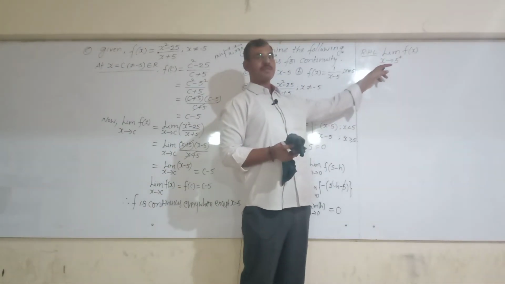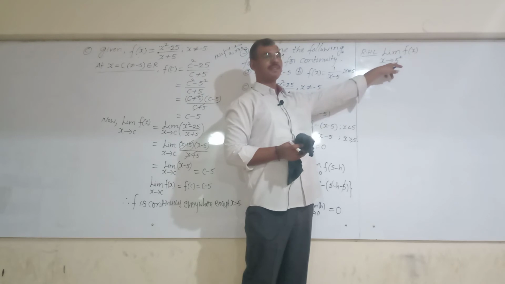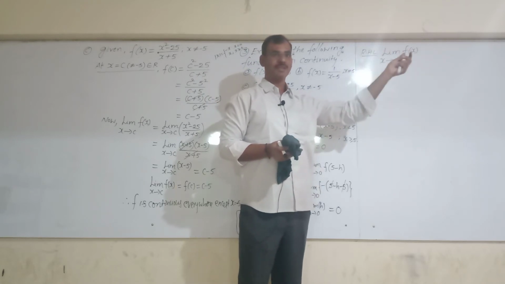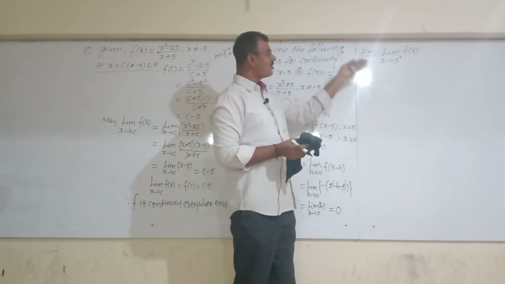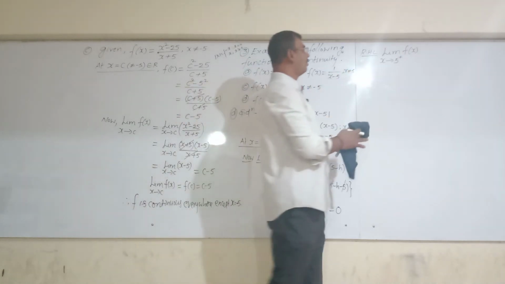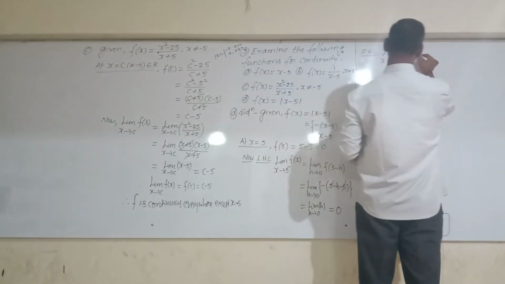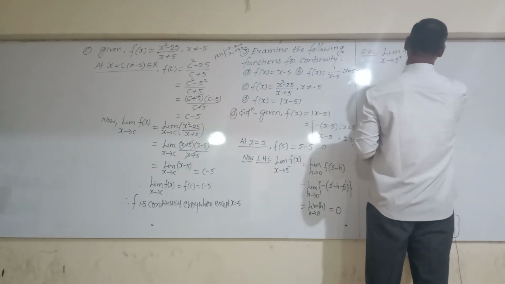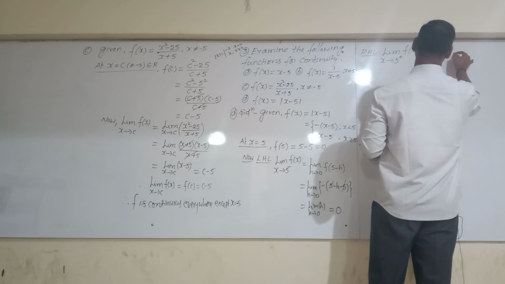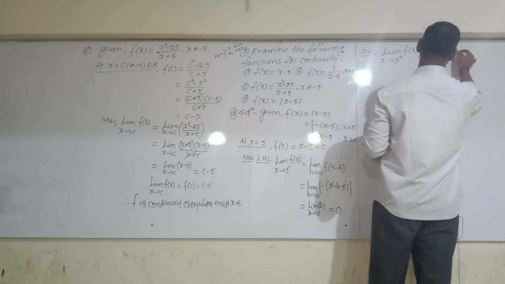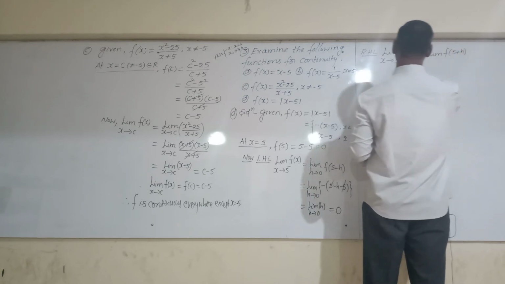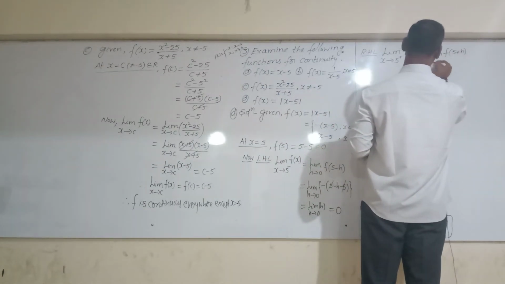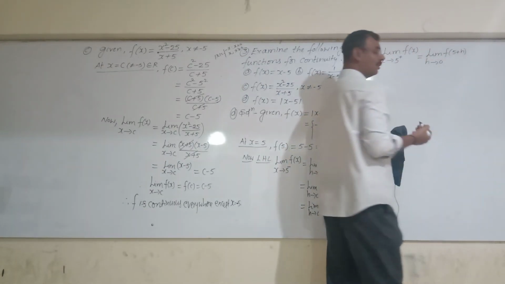As x approaches 5 plus, this is more than 5, meaning right hand limit. I can change this one. This is also equal to limit of f of 5 plus h. 5 plus means more than 5. So 5 plus h as h tends to 0.